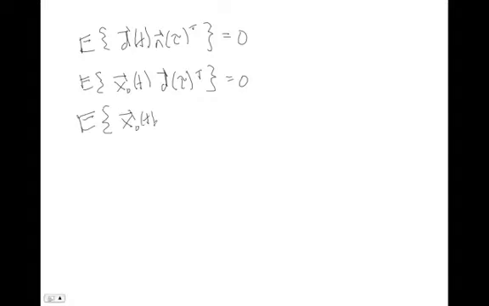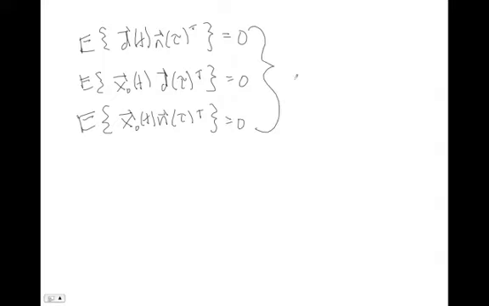We say that the expected value of our initial state and our disturbance at some different time is going to be 0. And we say the expected value of our initial state and our noise evaluated at some other time tau is going to be equal to 0.